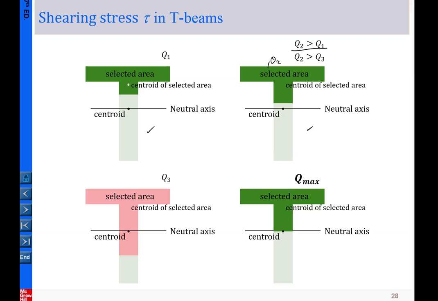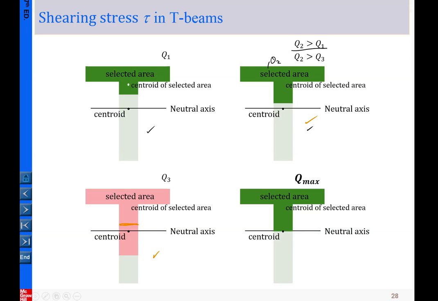And then for the next one, we compare this case with this case. Compared to Q2 here, the shape for Q3 goes up to here.